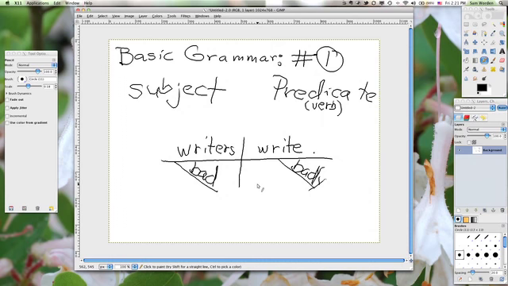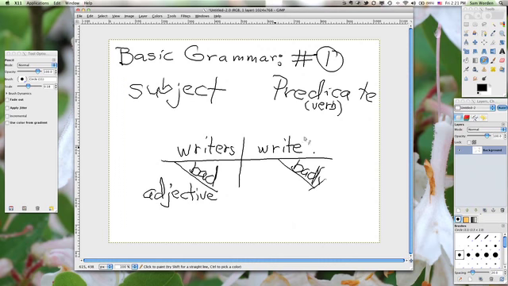And depending on what they modify, they're called different parts of speech. So bad modifies the writers, which is a noun. So bad is what we call an adjective. And badly tells you how they write.